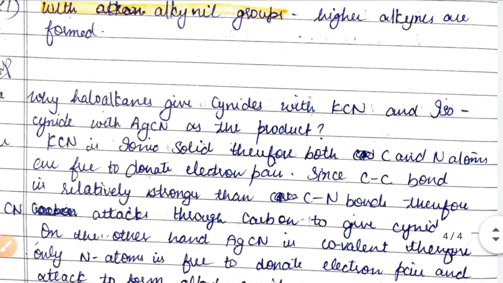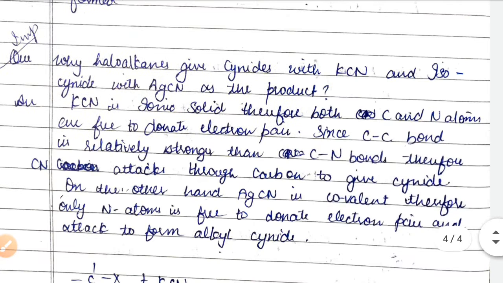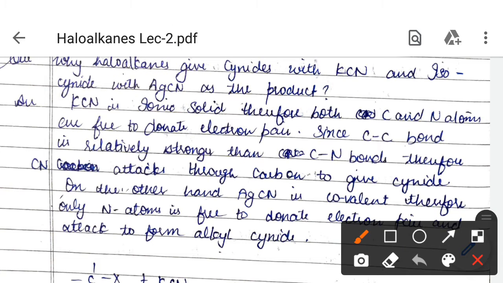Now we can easily explain why haloalkanes give cyanides with KCN and isocyanide with AgCN. As I have already told you, in KCN the bond is ionic, it is an ionic solid. So in this, the C and N bond is relatively stronger than the other bond. Therefore CN attacks through carbon, to give cyanides.